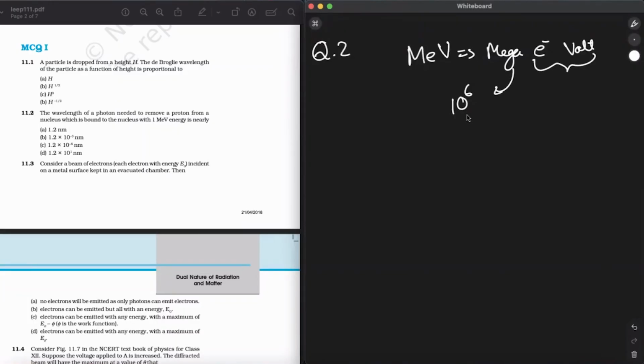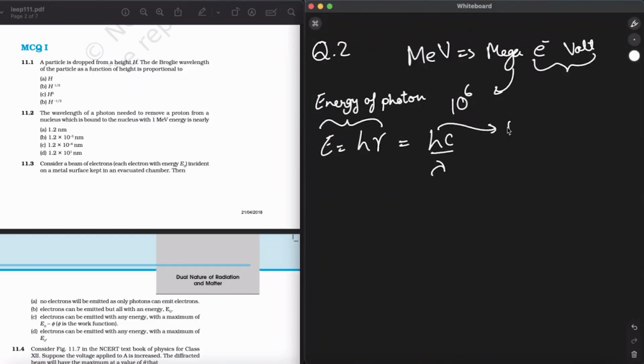Do you recall the energy of a photon? E is equal to h times nu. This you can recall, right? This is the energy of a photon only. And if I write it, hc by lambda.